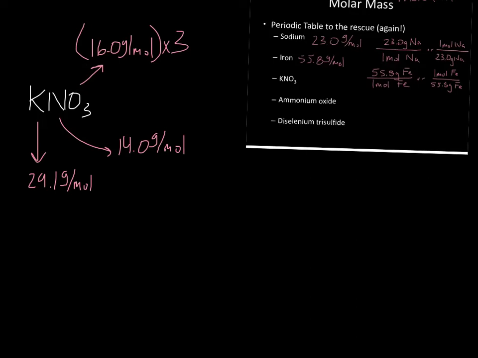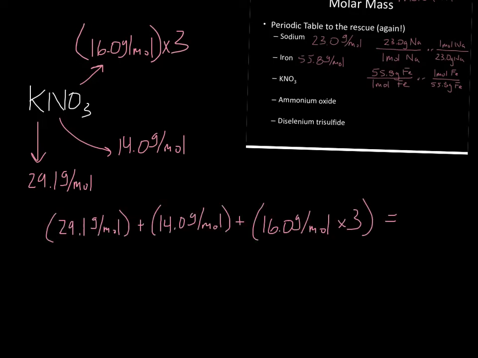We add those masses together, and that gives us the total molar mass for this compound, about 91.1 grams per mole. So if we have 1 mole of potassium nitrate, 6.022 times 10 to the 23rd potassium nitrate molecules, it would weigh 91.1 grams.